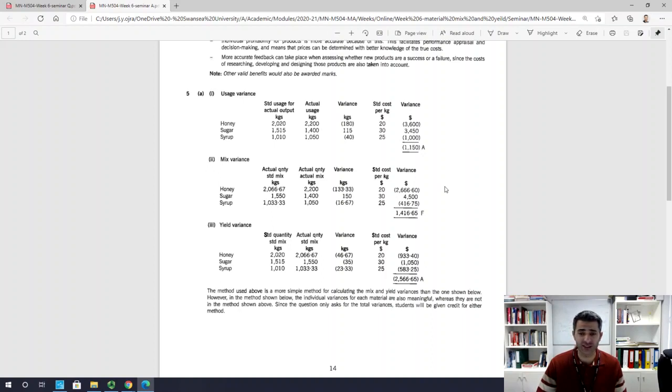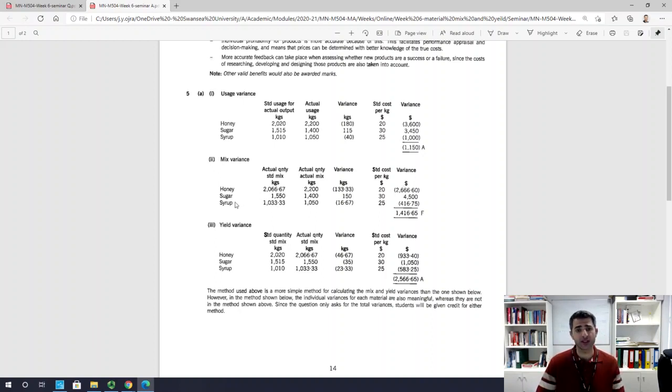And again, it is adverse. Of course it is adverse, because as you see, the actual here is more, isn't it?